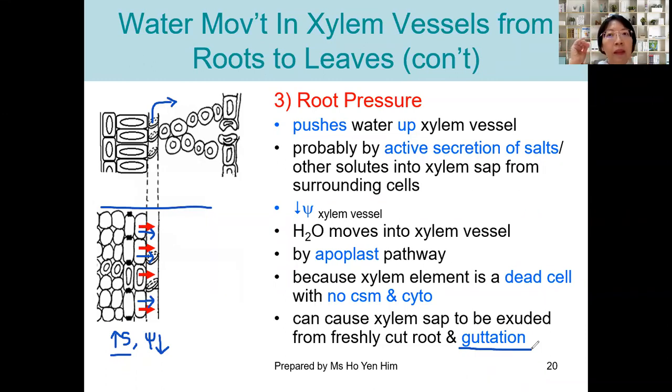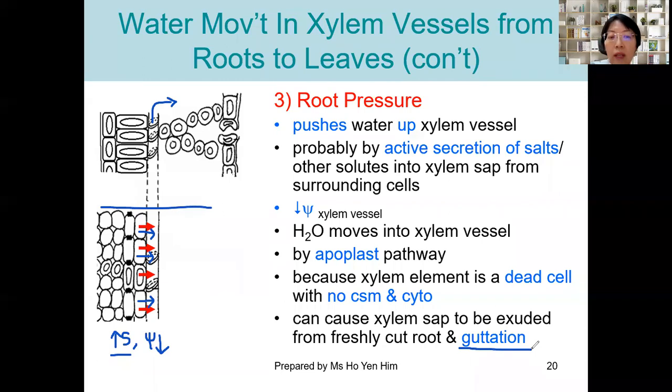At nighttime, when there's no sun, of course, all the stomata will be closed, so there will be no transpirational pull. But how come in the early morning there seems to be water coming out from the grass? It's because even though there's no transpirational pull from the top, there is this root pressure from the bottom in the root, which pushes the water to go up.